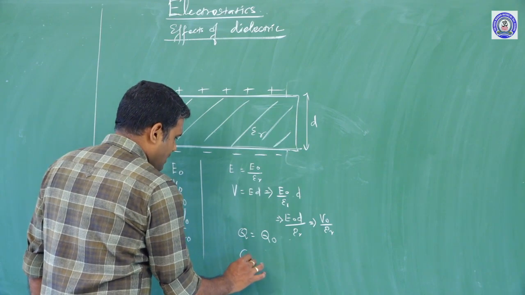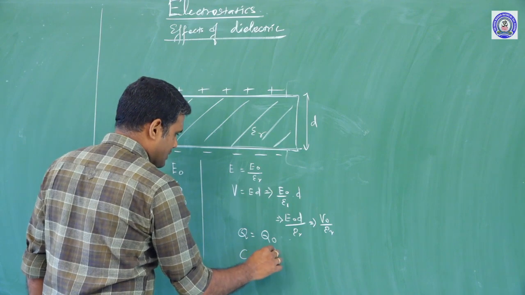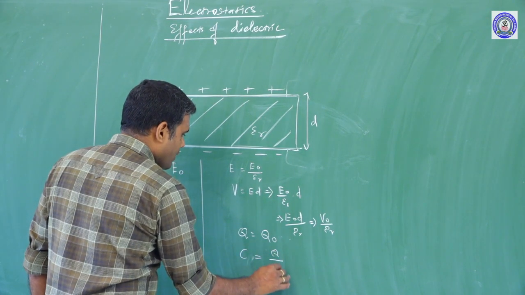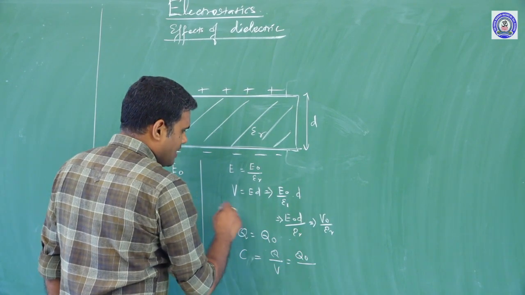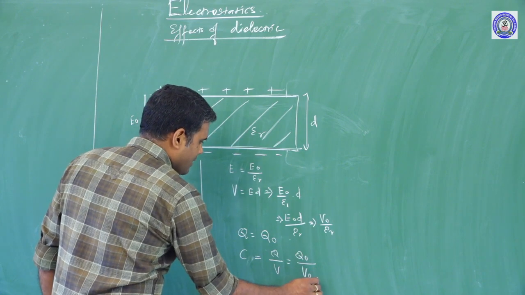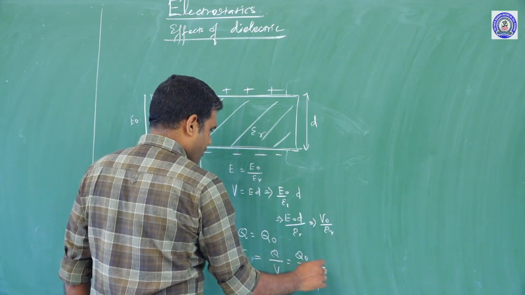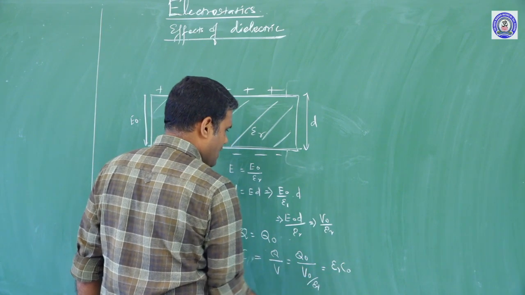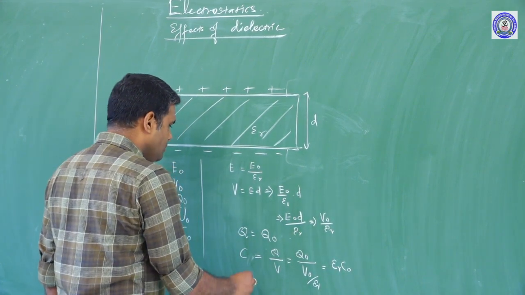Then the capacitance with the dielectric is C equals Q divided by V, where Q is Q naught, the same charge, and V is V naught divided by epsilon r. So Q naught by V naught is C naught, and epsilon r goes to the numerator, giving epsilon r C naught.